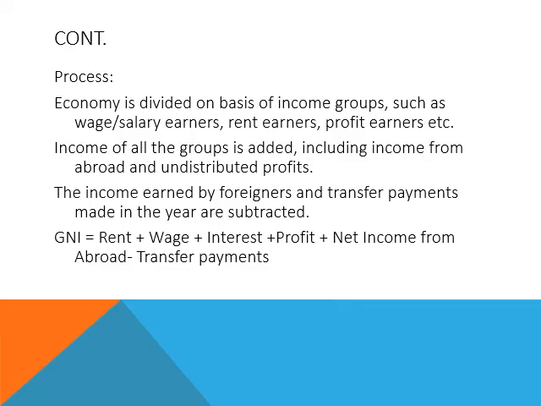The income earned by the foreigners and transfer payments made in the year are subtracted. Therefore GNI equals rent plus wage plus interest plus profit plus net income from abroad, minus transfer payments.